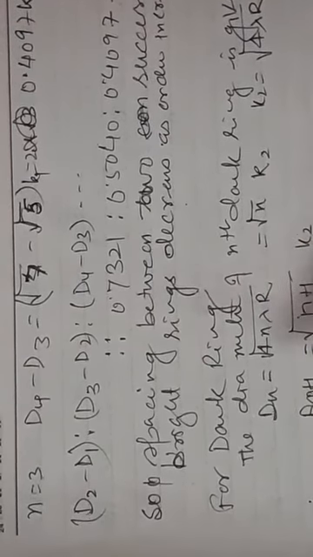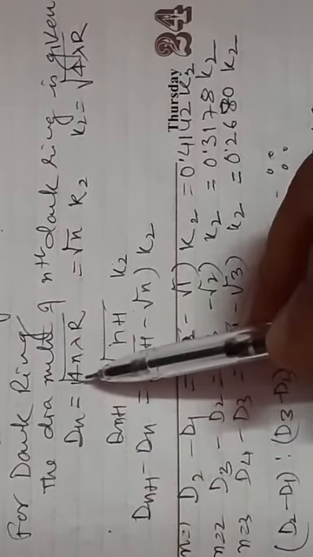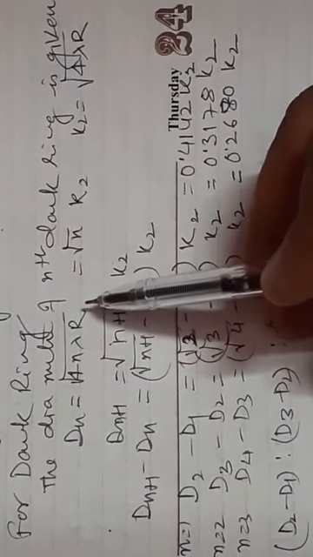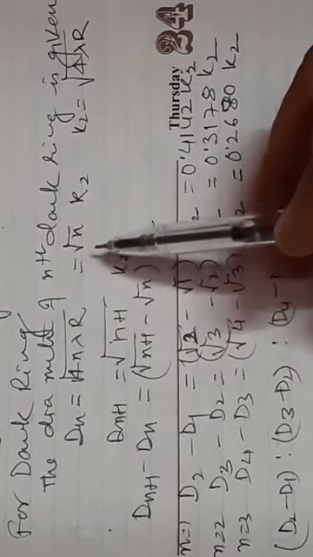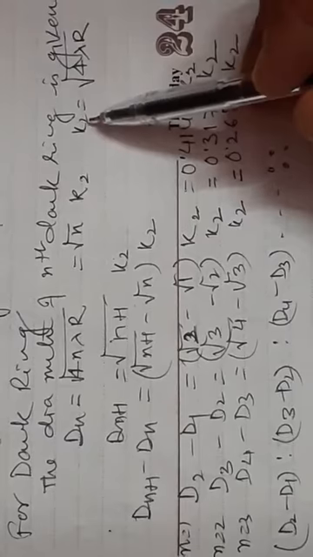In the same way, we may also see similar information for the dark ring. So the spacing between the dark rings is given as follows. For the dark ring, the diameter of the nth dark ring is given as dn equal to under root of 4n lambda R, where the square root of 4 lambda R can be taken as K2.